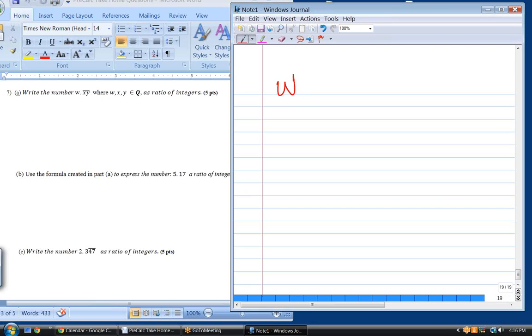We have a number, w dot xy. Well, let's express that as a ratio of integers. W plus what? W plus xy over 100.